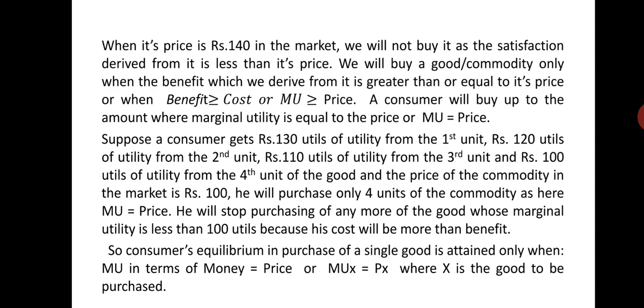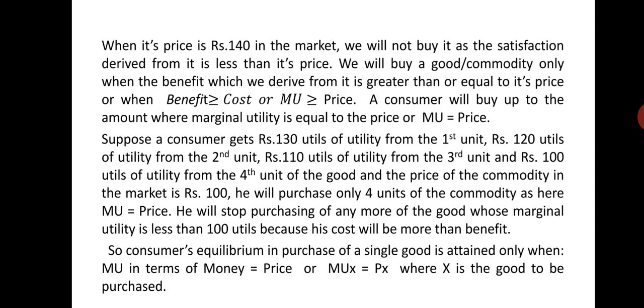But up to what amount will we buy the commodity? Up to the amount where MU is equal to price. When marginal utility and price of a particular commodity become equal to each other, at that point we will stop our purchasing process, and up to that point only we will buy.